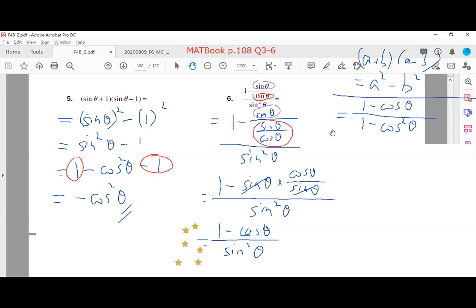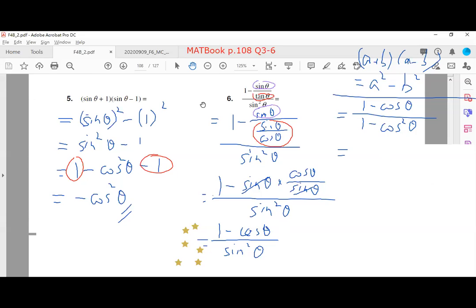It is better than the previous step because all of the terms are in terms of cosine theta, no more sine theta. But one of them is minus cosine theta, the other is minus cosine square theta. They cannot be cancelled directly. But what shall we do?